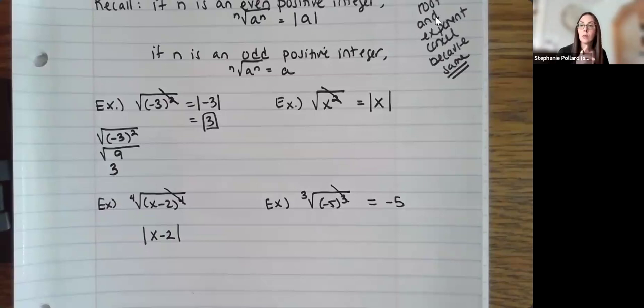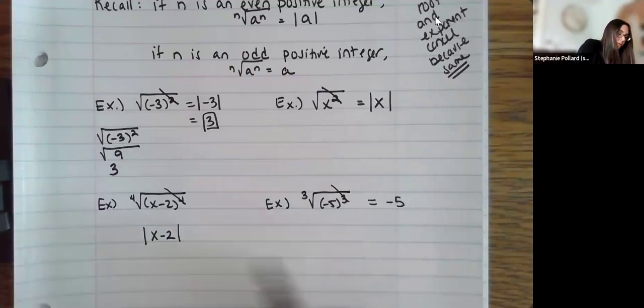One thing I will note as well is sometimes when you're doing questions, the question itself may say something like, assume x is positive, and in which case we do leave out the absolute value there because the answer will always be positive. But you really need to read the directions there. If it doesn't say that your x is positive, then you do need the absolute value symbol around those even powers.